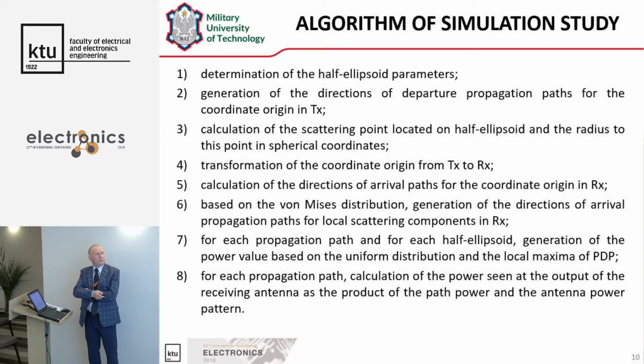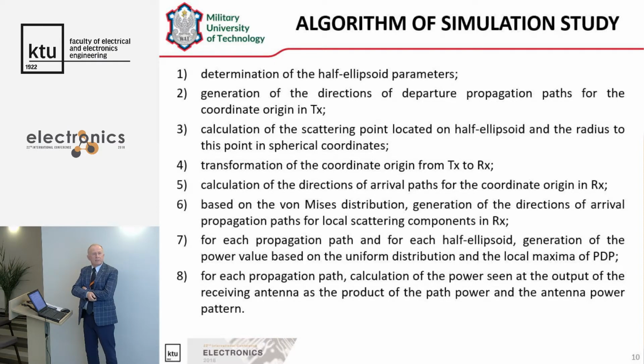The third step is calculation of the scattering point located on the half ellipsoid surface and the radius to this point in spherical coordinates. The next step is transformation of the coordinate origin from the transmitter position to the receiver position. The next is calculation of the directions of arrival of the paths for the coordinate origin at the receiver position.